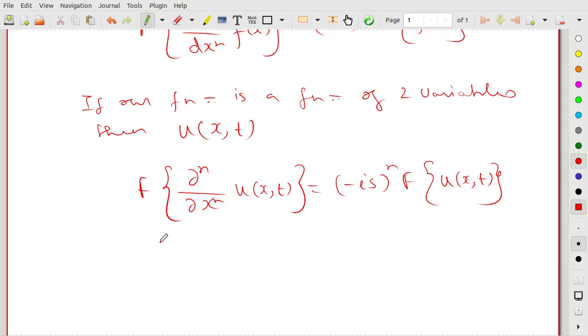We usually solve second order differential equations, so for that we have n equals 2.